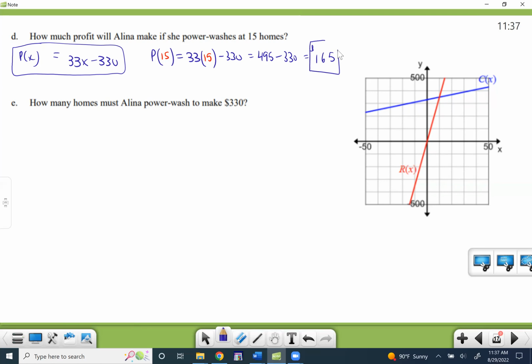How many homes must Alina power wash to make $330? So I don't want to put the $330 in for the X. X stands for the number of homes. Plus, when we say how many homes must she wash to make, we want this to be her profit, right? So it must be going in for the profit. So we're going to substitute it into the left-hand side.